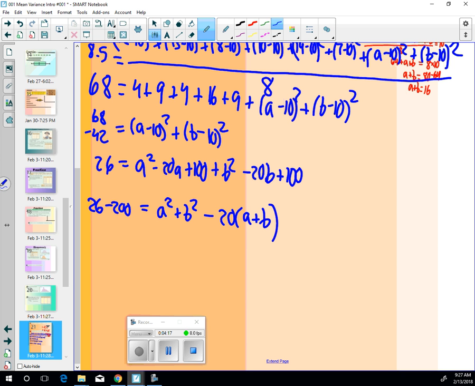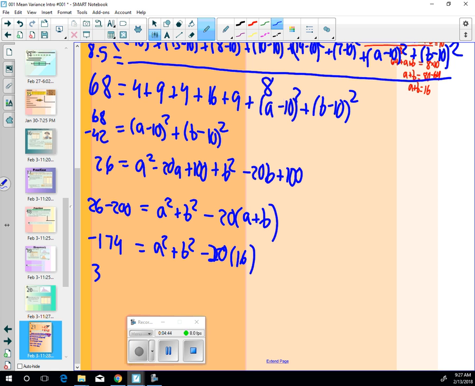Oh, but what's A plus B? 16. So this is going to be negative 174 is equal to A squared plus B squared, and this is going to be negative 20 times 16. Okay, so then what is that, 320?